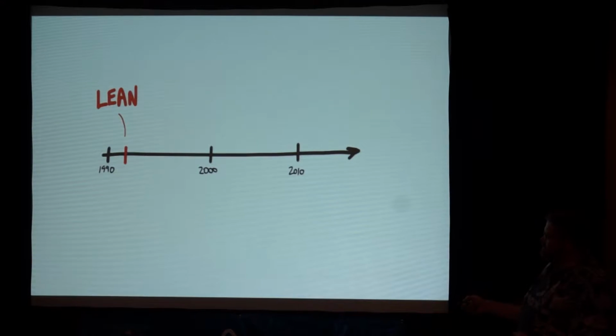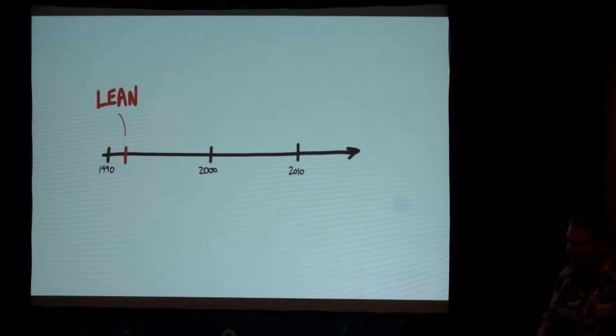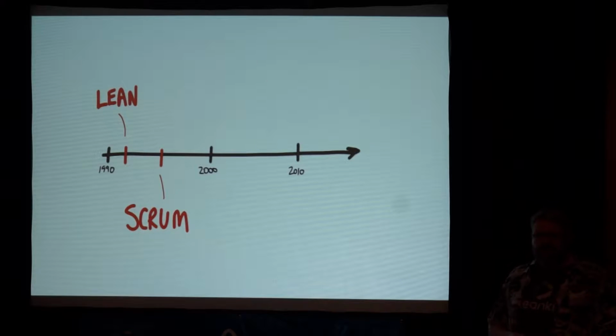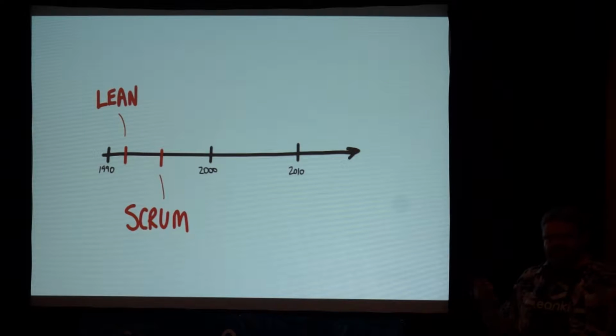So this idea of lean in manufacturing started to take off, and other industries started to take notice as well, including the software industry. So we find in the mid-90s that Scrum comes out. The guys who invented Scrum were taking those ideas directly from lean manufacturing papers.